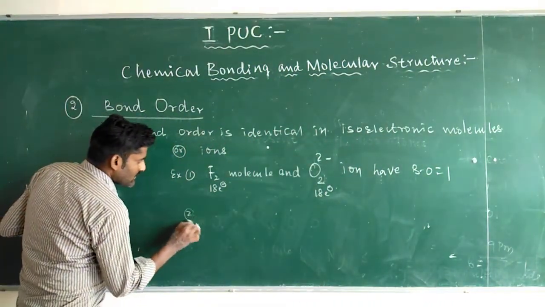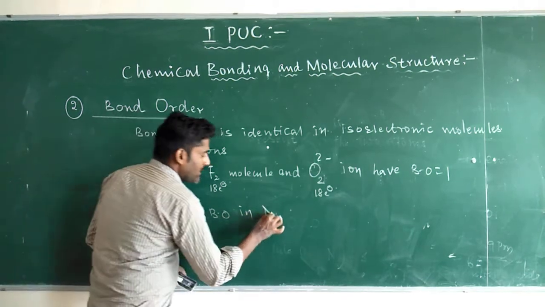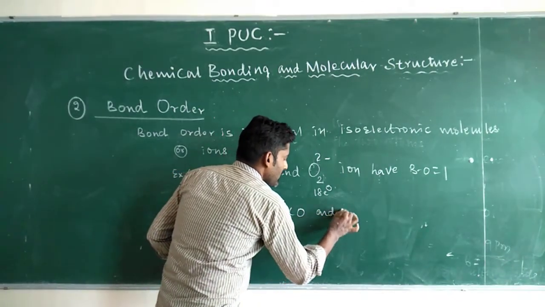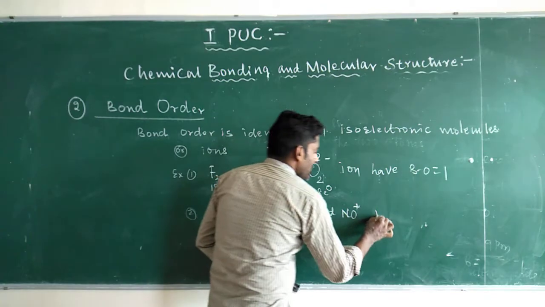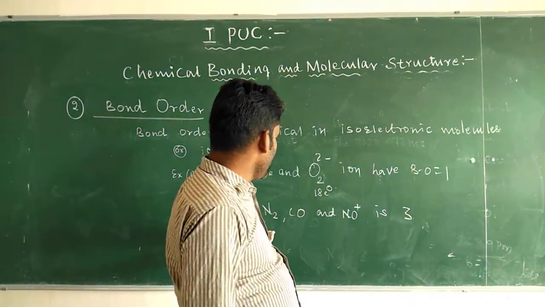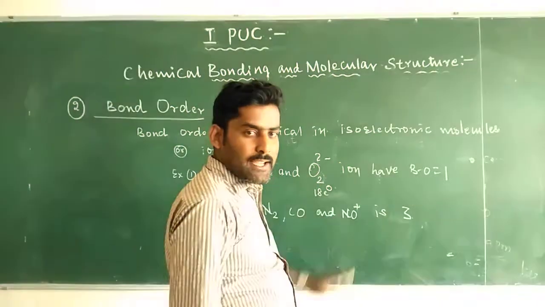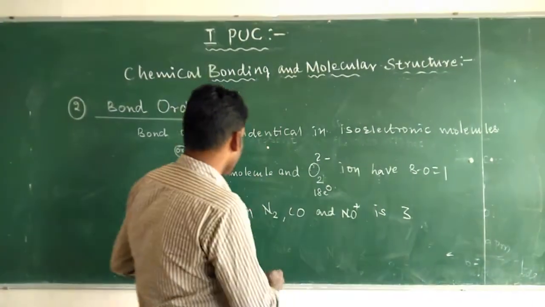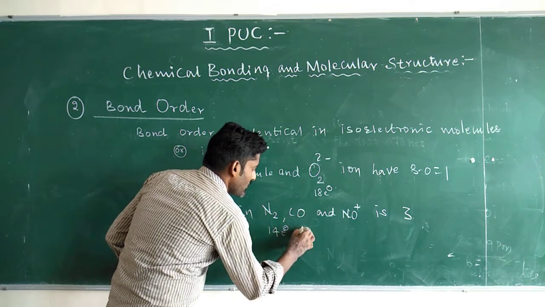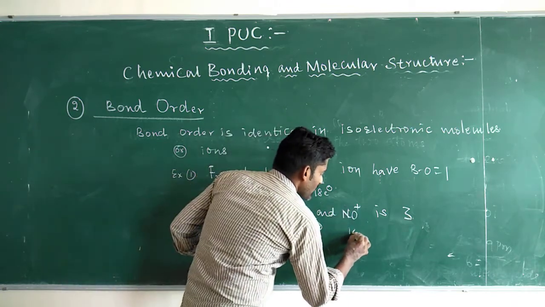Next, bond order in N2, CO and NO plus is 3. Bond order in the nitrogen molecule, carbon monoxide molecule and NO plus ion is 3 because the nitrogen molecule has 14 electrons, the CO molecule also has 14 electrons, and NO plus also has 14 electrons.